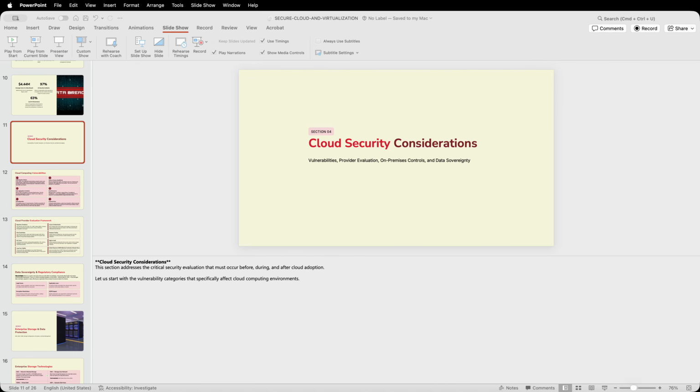Now, the other one, bring your own key, gives customers more control by allowing them to generate and manage their own keys, but the provider still has access to the keys for performing encryption operations, meaning a provider side compromise can still expose the keys. Now, the last one, hold your own key, offers the highest security.